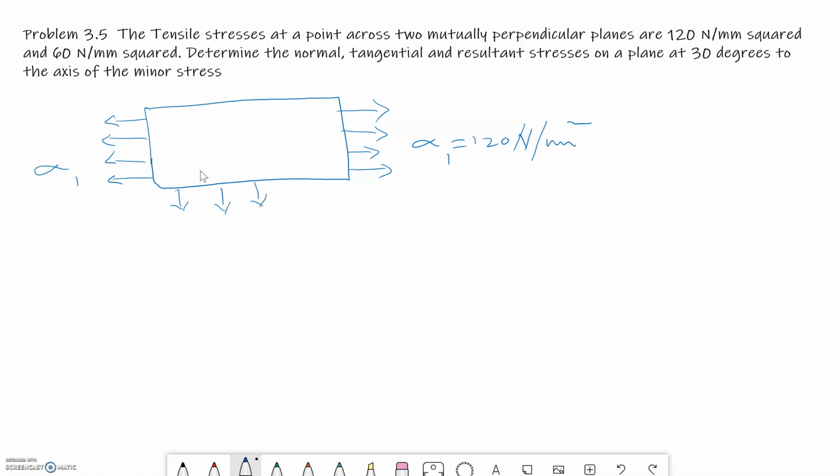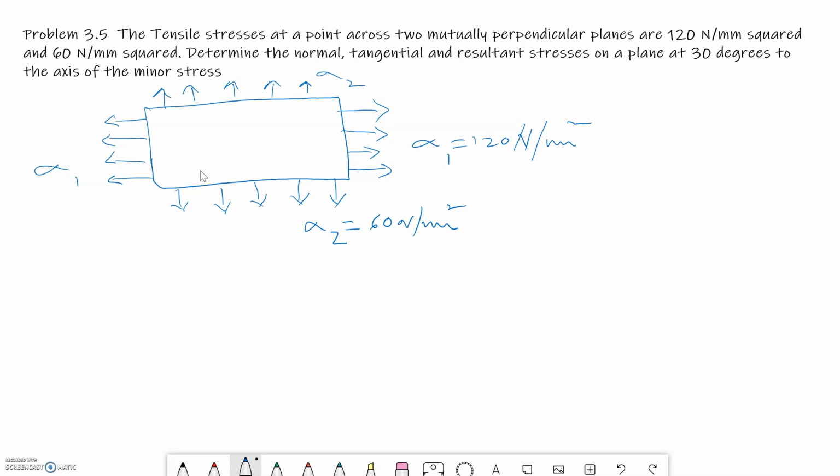And we have stresses on this side given as sigma 2, which is equal to 60 Newton per mm squared. This is sigma 2 as well.